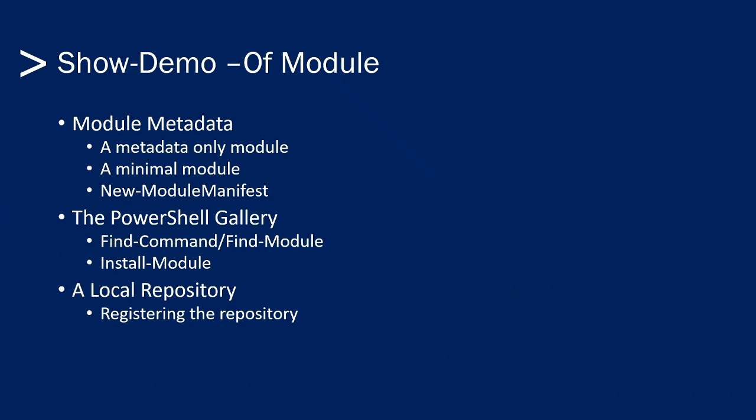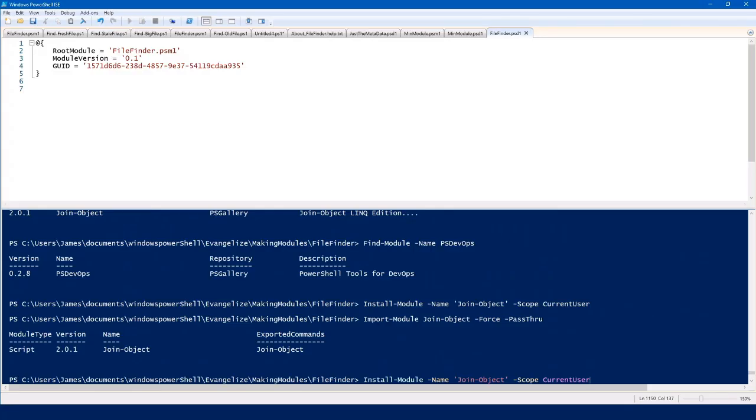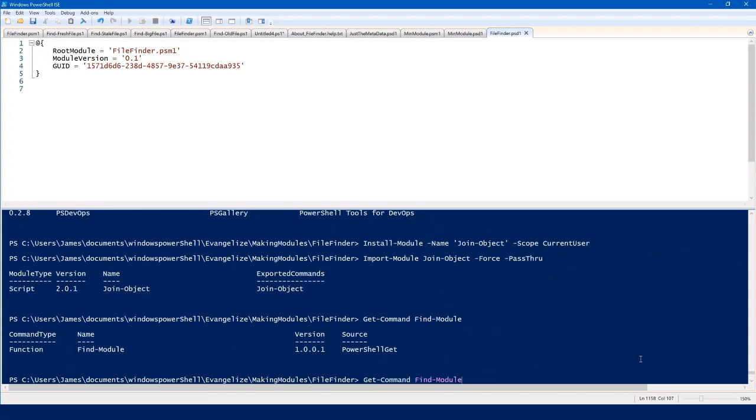For a local repo, we're going to just show you how to register them real quick, publish a module to it, and save a module from it. Actually, I haven't done this on this box yet, so it's a fresh box. And just to show you how this all works within PowerShell, if I look at Find-Module itself, it's in PowerShellGet.